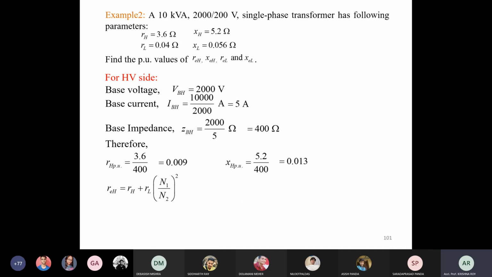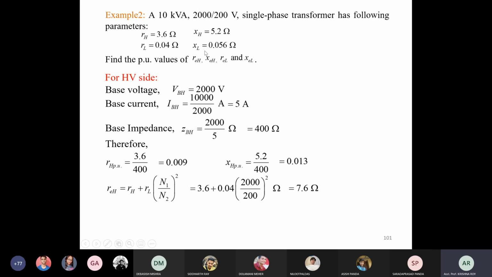Here we are considering the high voltage side as the primary side and low voltage side as the secondary side. Therefore N1 by N2 is actually 2000 by 200. So we can apply this formula to calculate REH. So REH is equal to 7.6 ohm. Okay, so 7.6 ohm is the actual value of REH.